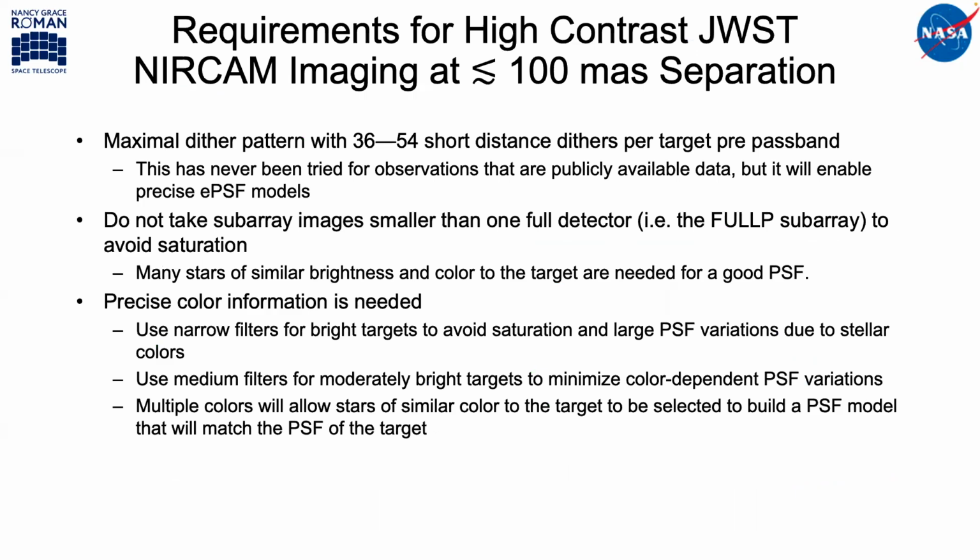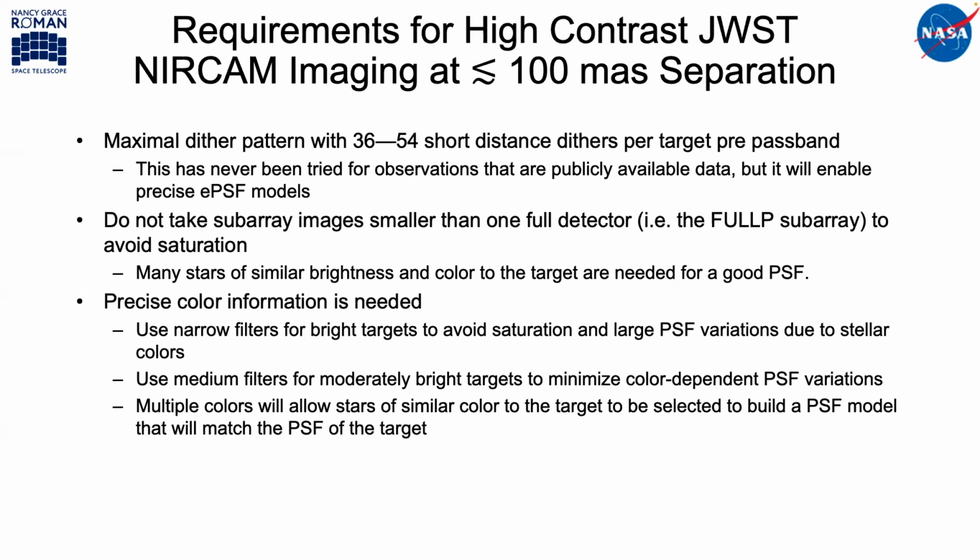No one has ever done observations, at least in data that's public, that try to do this kind of precision contrast ratio measurement without any kind of coronagraph. So one of the things we need to do is have many dither patterns.